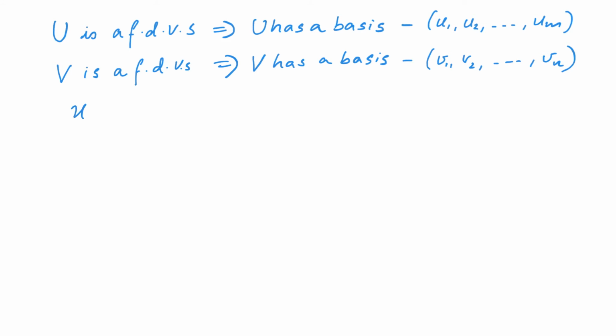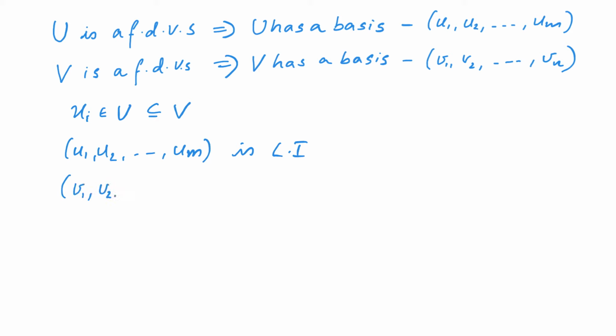Now notice that ui belongs to U and U is a subset of V. Therefore, ui belongs to V. Moreover, the list u1, u2, etc. up to um is linearly independent as the list is a basis for U. Similarly, the list v1, v2, etc. up to vn spans V as it is a basis for V. Now, we know that any list of linearly independent vectors should have fewer elements than any spanning list of vectors.